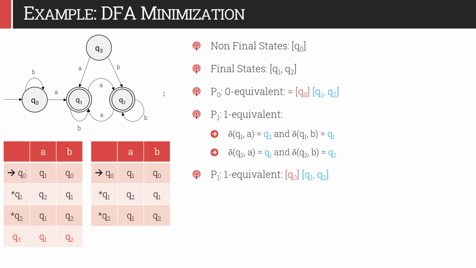So P1 is identical to P0, so we have to stop here, and we will either remove Q1 or remove Q2, or give a different name to these combined equivalent states.